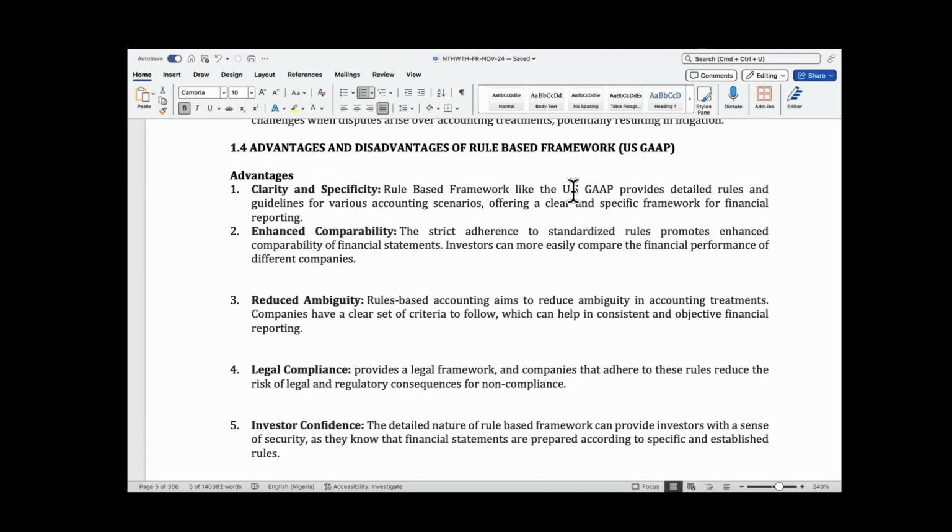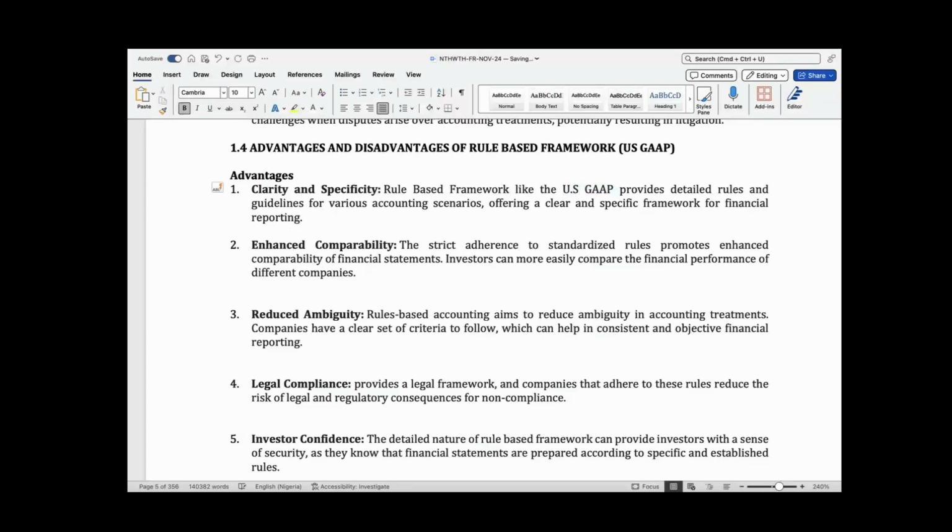Like in the US, their framework is rule-based. It tells us step by step how you should treat items, so you are not using your professional judgment. It's rules all through, right? So it's clear and it's specific.